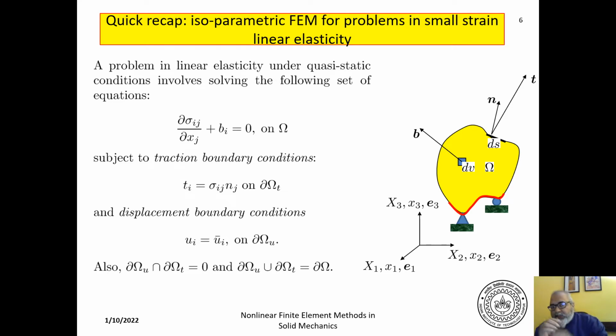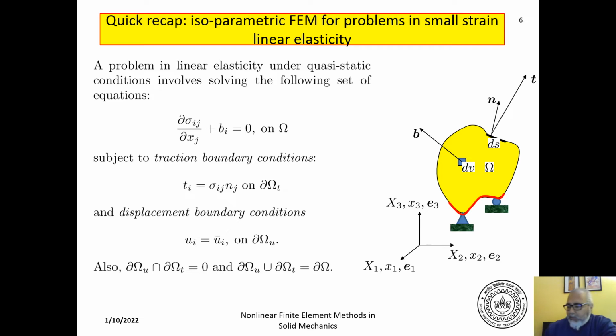What I'll do in this first class is, firstly, recapitulate a few things that we have already done in a basic finite element course, and secondly introduce a set of notations, especially tensor notations that we are going to use off and on throughout this course in order to frame the finite element equations.